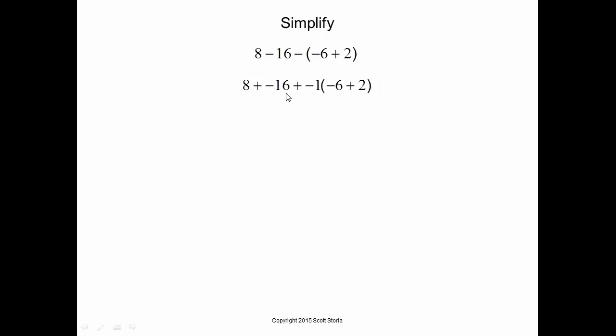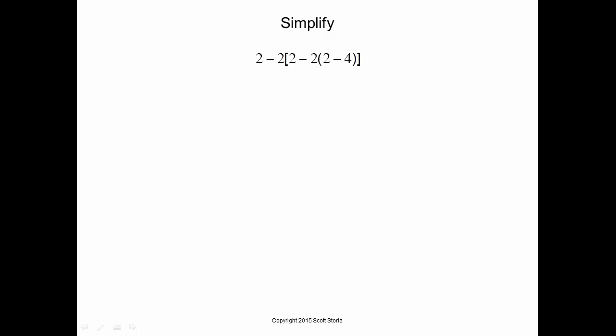I now have 1, 2, 3, 4 operations. I begin in the parentheses. The sum is -4. Next, I have to multiply before I add. -1 times -4 is 4. I now add left to right. The first sum will be -8, and the final sum, -4.